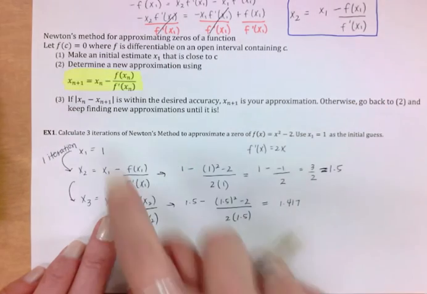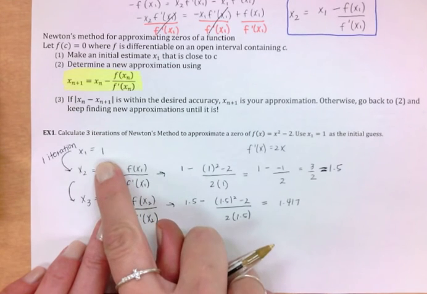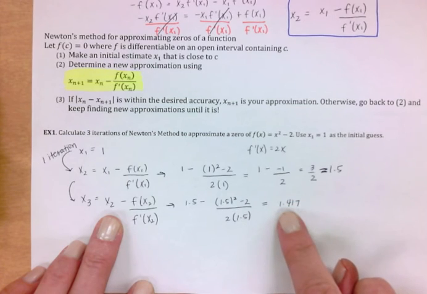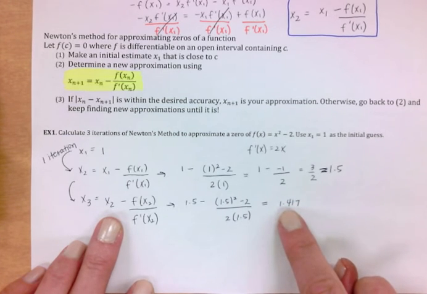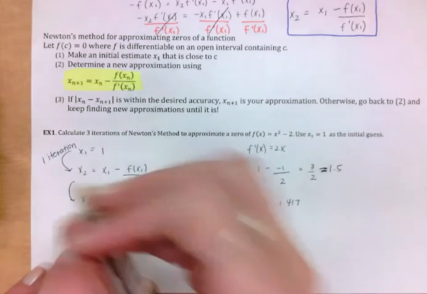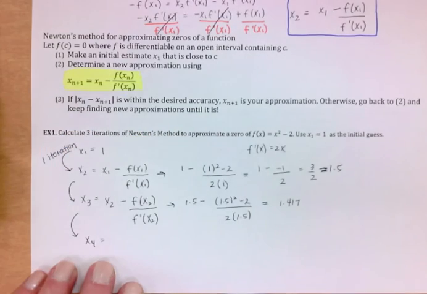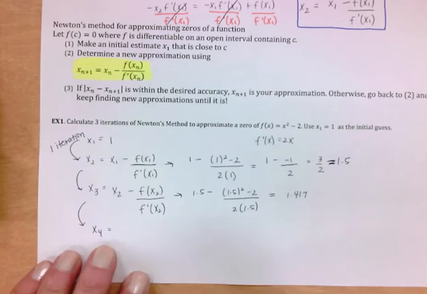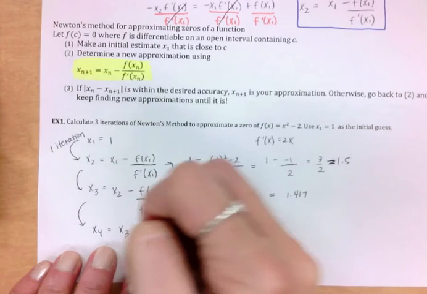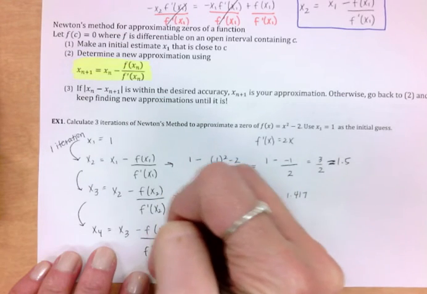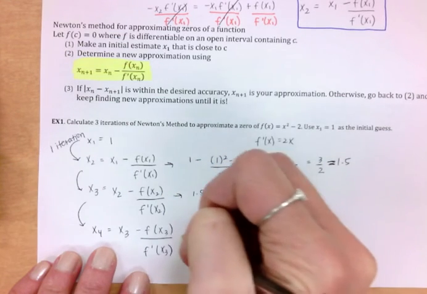So our first initial guess was 1. Then we realized it's actually closer to 1.5, and now we know it's actually closer to 1.4. So now let's do it one more time and see if we get an even more accurate answer. For x4, we use x3 minus f of x3 over the derivative at x3.